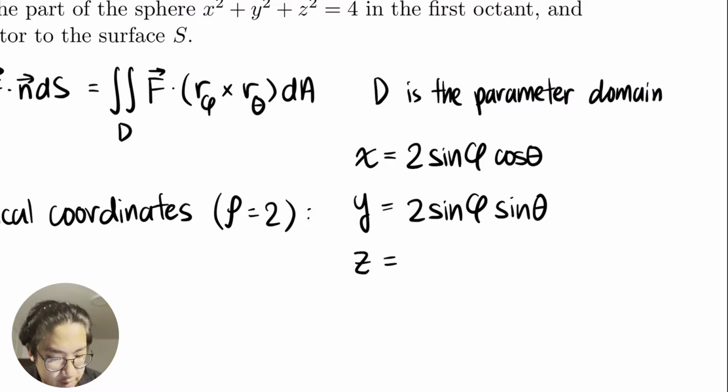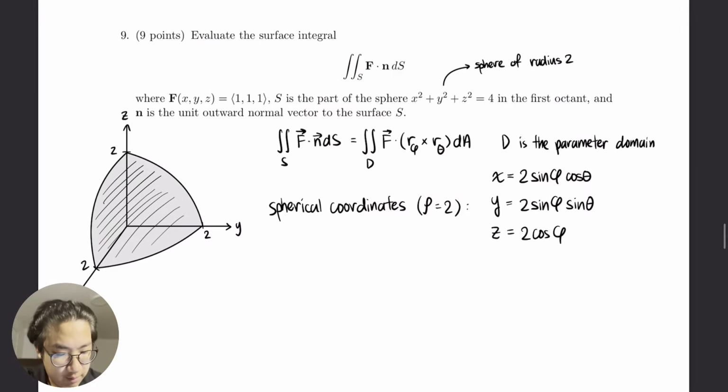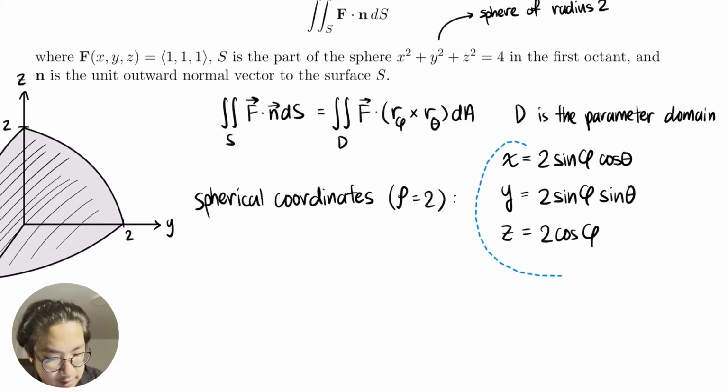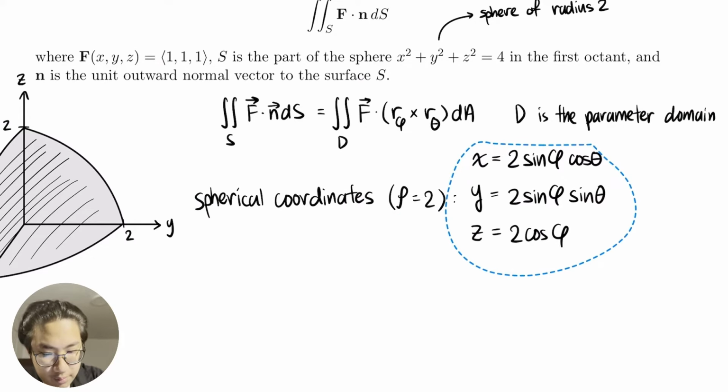And our z, again, normally it's equal to rho cos phi, but in this case it's just 2 cos phi. And then finally we can also write out the domain of this.